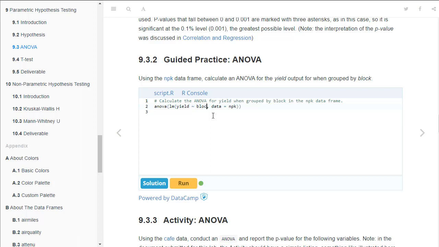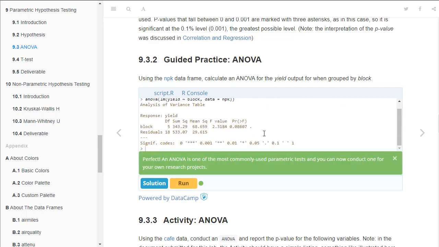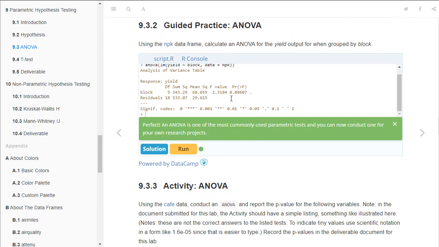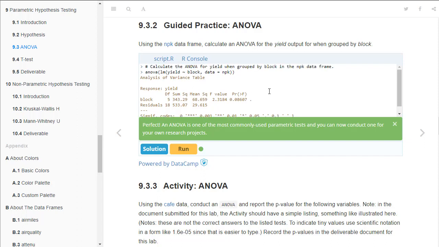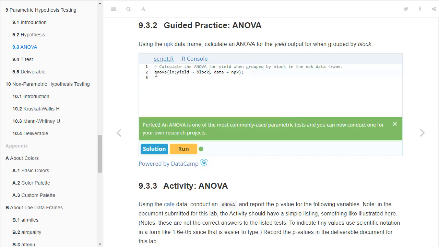Block was the way that the farmer divided up his field. And we see that the ANOVA here was 0.08. That is not less than 0.05. So this particular ANOVA says that this experiment did not yield any kind of significant results.